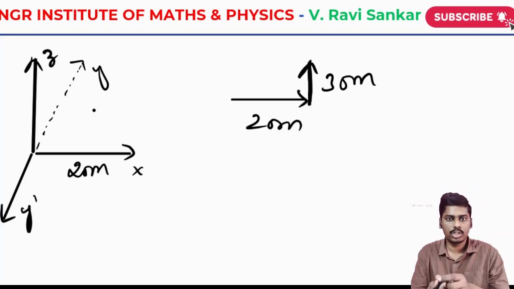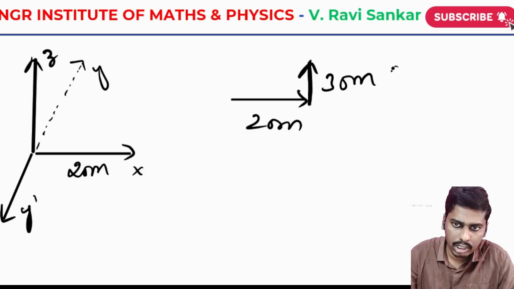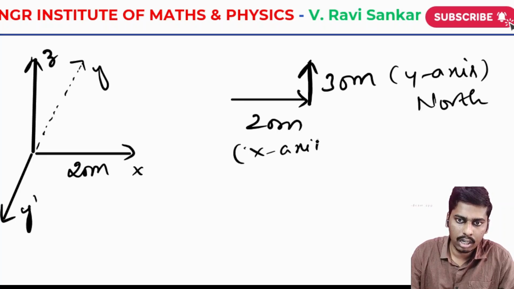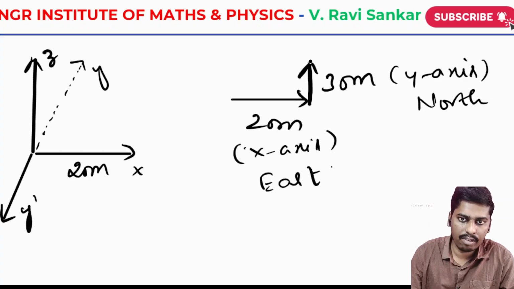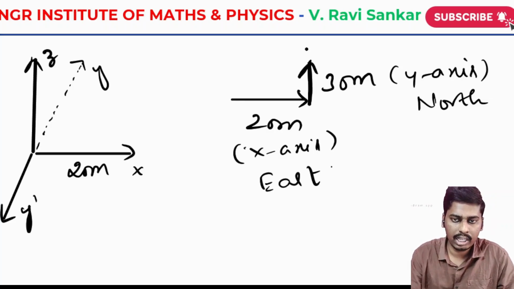Vertically upward means towards the Z axis. I think you can visualize from this picture. This is the north direction, this is the X axis, and it is the east direction, and it travels 40 meters vertically upward, that means towards the Z axis.